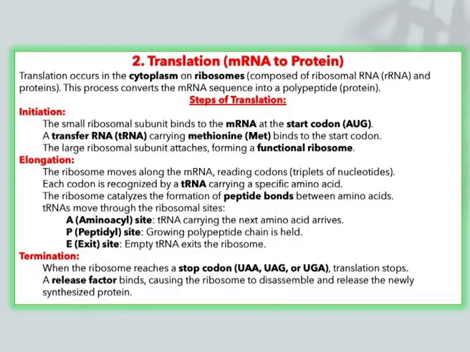The last step of translation is termination. In this termination process, the ribosome reaches the stop codon. The mRNA contains different nucleotides, and these nucleotides code for different amino acids.